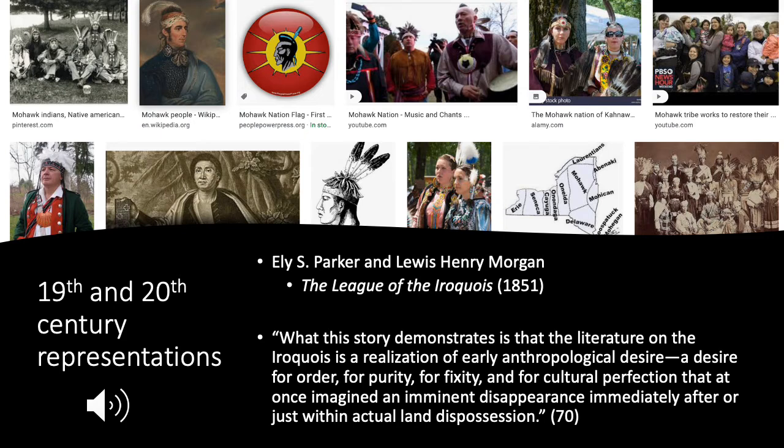So here we see Lewis Henry Morgan occupying this really problematic but interesting position that illustrates Simpson's point, right?